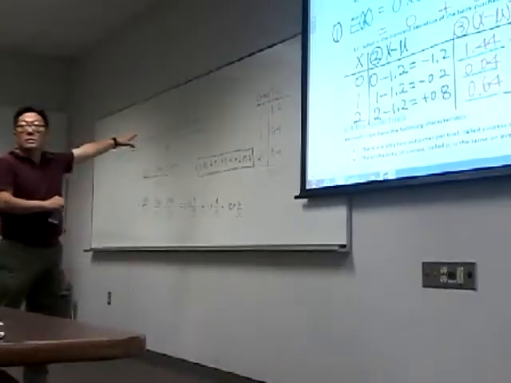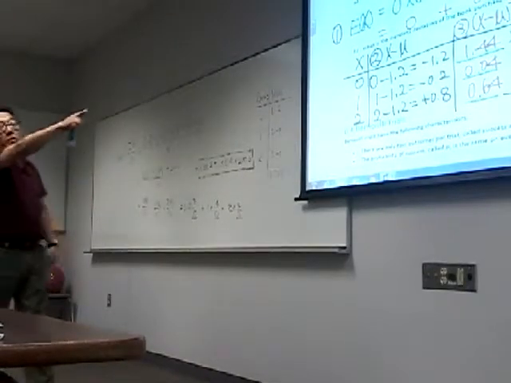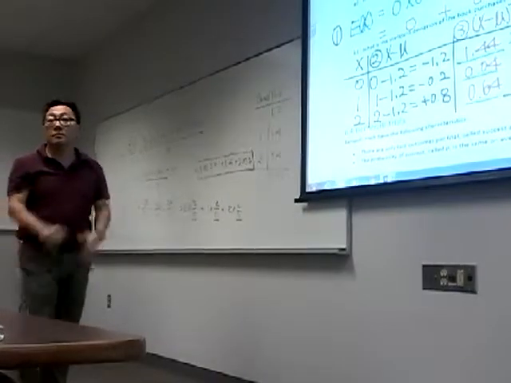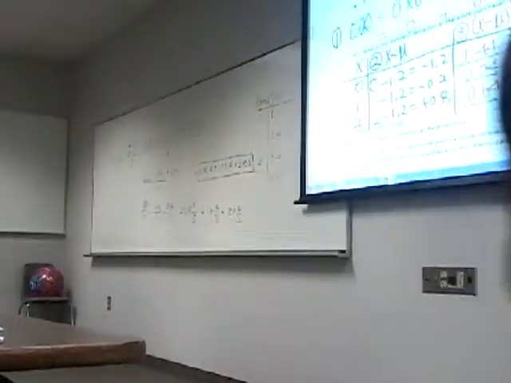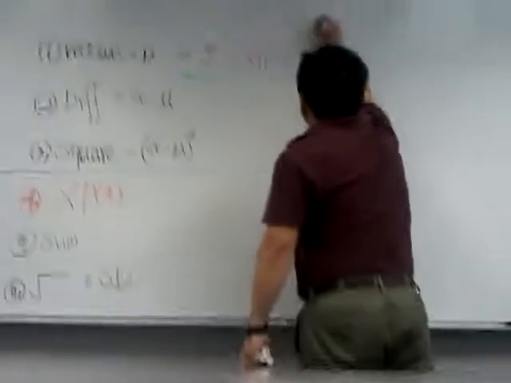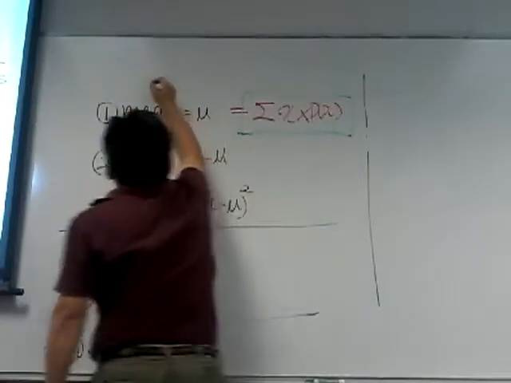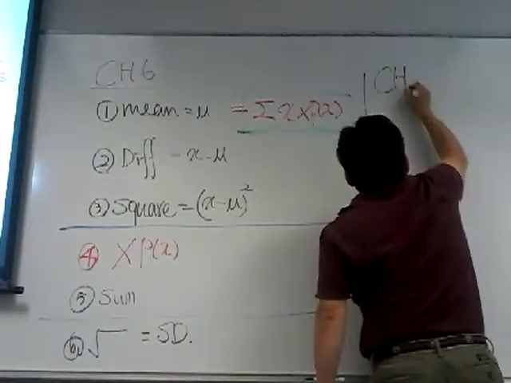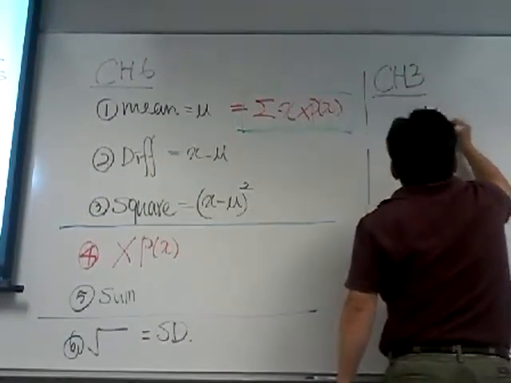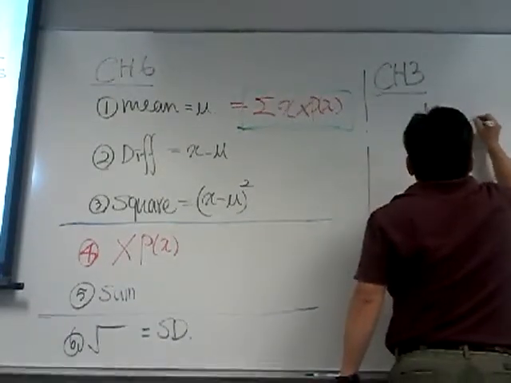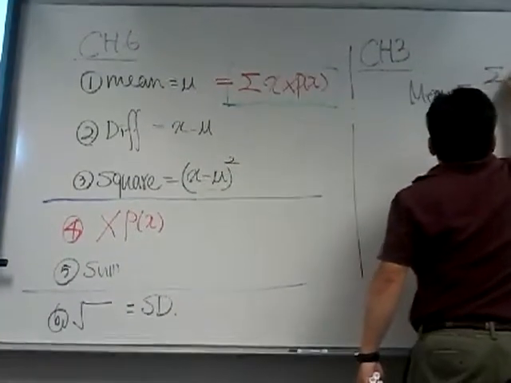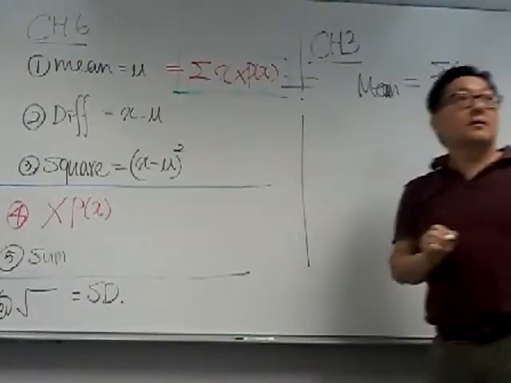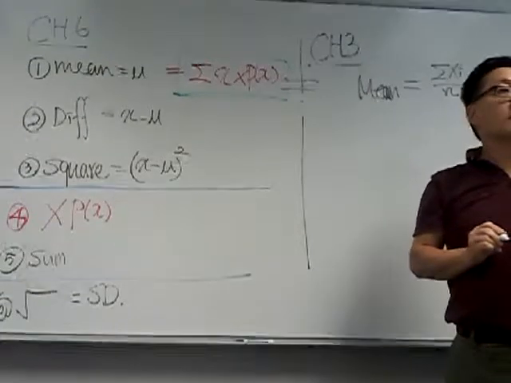What we did in chapter 3 and what we are doing in chapter 6 are exactly the same. Here is chapter 6, here is chapter 3. We took the mean, summation of xi over n. They are exactly the same.